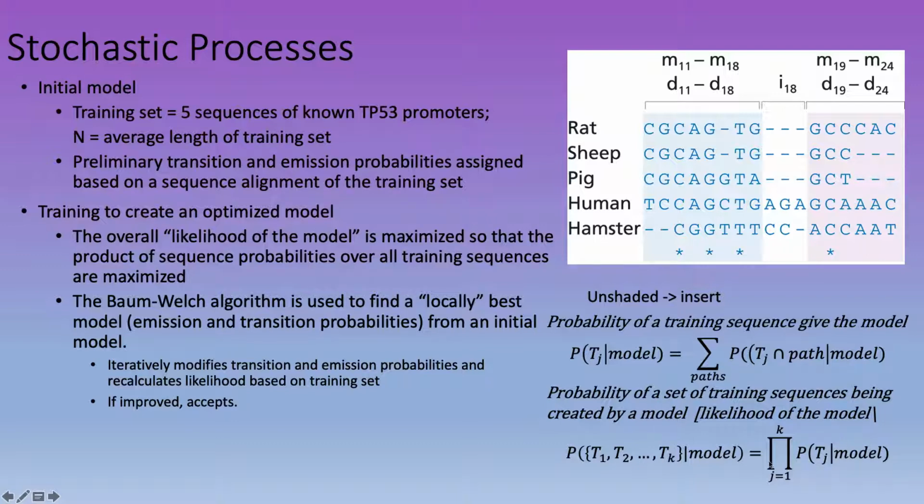The idea is that you use this probability structure to create a model which will, at random, always generate something that looks like one of your training sequences. So we're going to generate the model that's the most likely to produce something that looks like your training sequences.